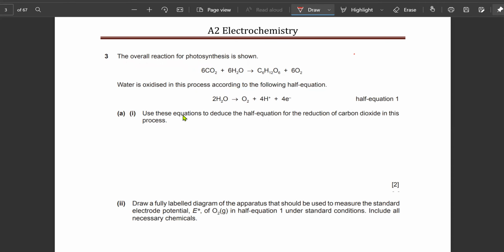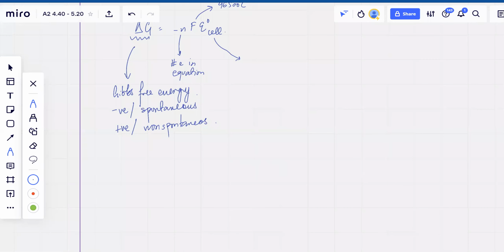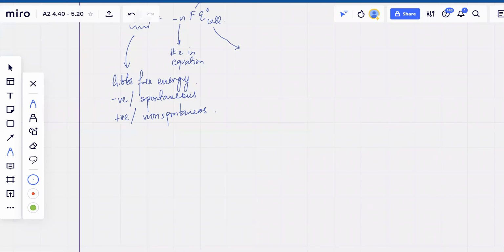I'll first explain what's going on by using the data booklet, or I'll just simply explain it over here. What we have done so far every time is that we had two electrode reactions, right? So we had Na plus one electron. I'm just explaining this so you can understand the first question.